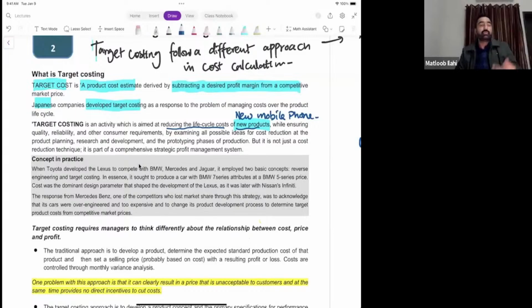Yes, so this target costing method is used at the research and development and product planning stages of the product.